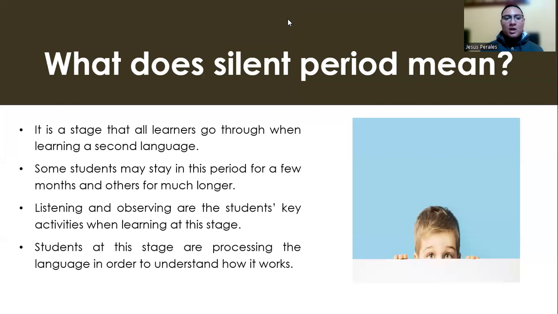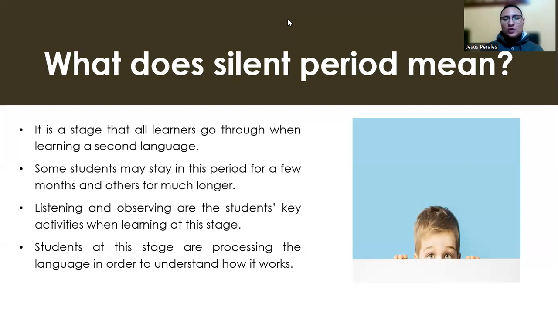The third one is that listening and observing are the students' key activities when learning at this stage. Let's remember that students are not going to talk at first. They're going to be quiet. It depends on the factors that I mentioned earlier.